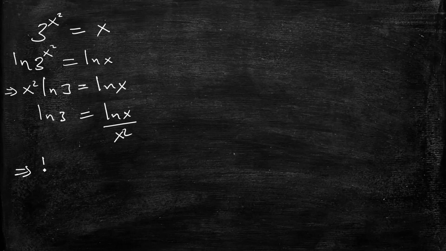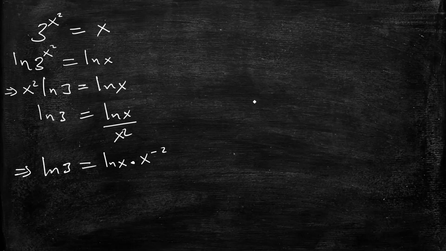Natural log of 3, or ln of 3, is the same as, now we can rewrite this as ln of x times x raised to negative 2. The same as that, so I've done nothing.